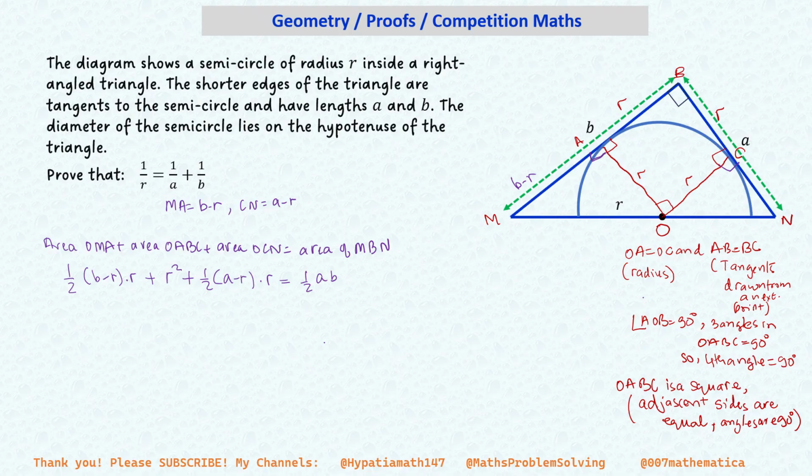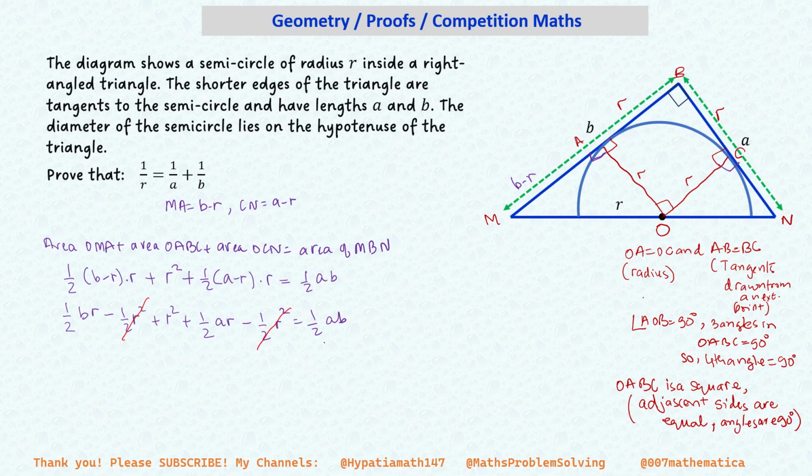So we can remove the brackets, and then it would be half br minus half r squared plus r squared plus half ar minus half r squared equals half ab. So then half r squared, minus half r squared would give me r squared.